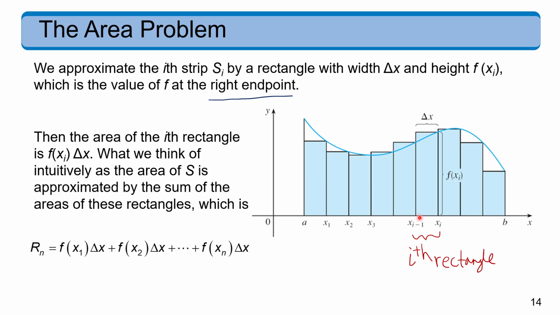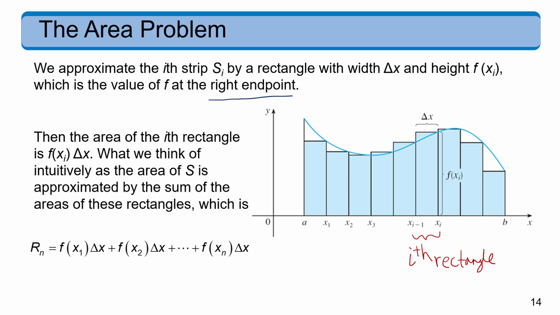So we've already established the width is delta x. The height, we use the right endpoint, which is at xi. We plug it into our function. That means move vertically till you hit the curve. The y-coordinate of that point would be f evaluated at xi.